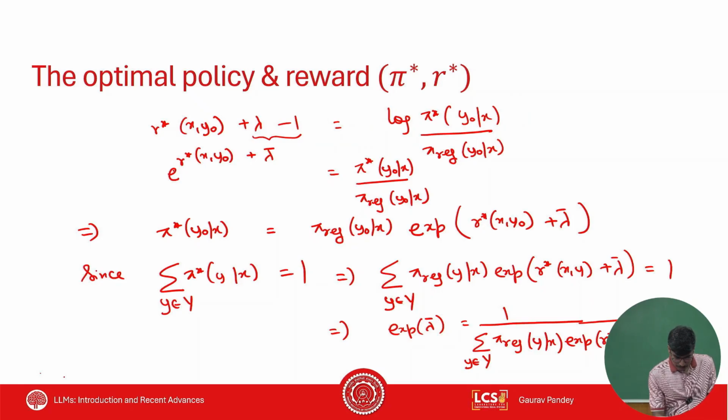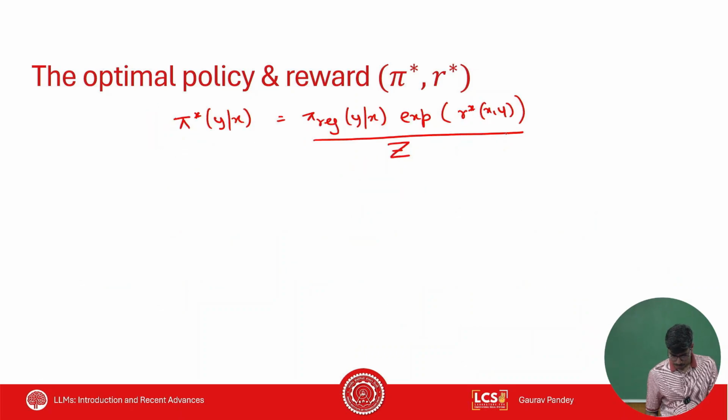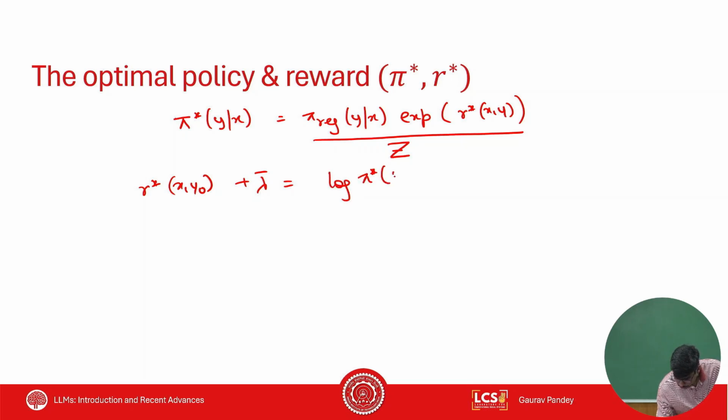So let me copy this over there. r star of x, y naught plus lambda bar is equal to log of pi star of y naught given x over pi ref of y naught given x.